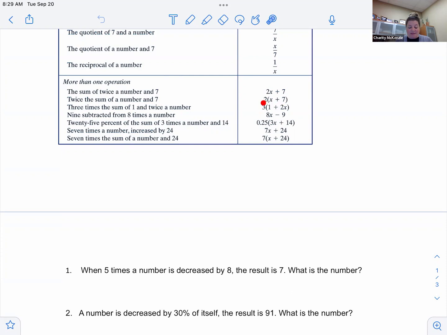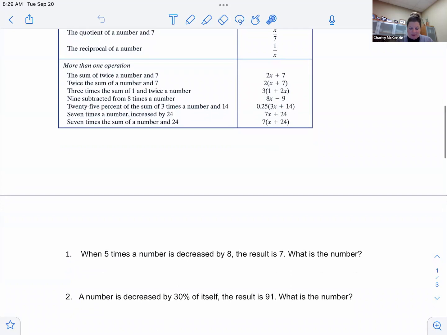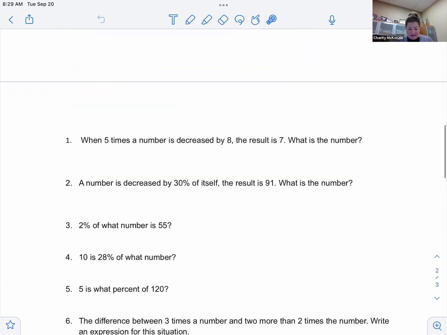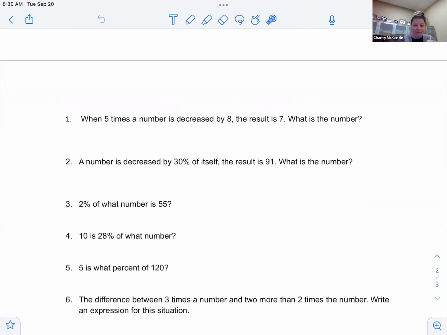So the 2 has to be outside because it's times both the number and the 7, right? This whole part, it's twice of that whole part. So be careful where you need to put a parenthesis. I think if you covered that up and went through those on your own, it'd be really good practice. But let's do a couple together.